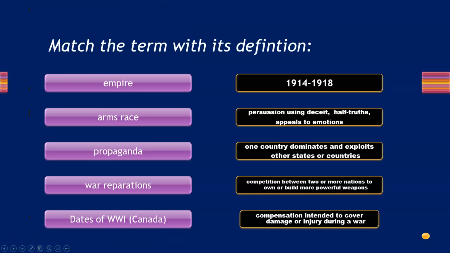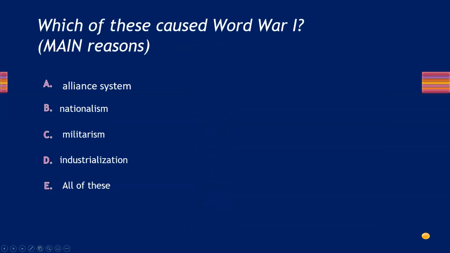So match the term with its definition. Empire. Here we go. Arms race. Propaganda. War reparations. And the dates of World War I in Canada. Which of these caused World War I? The main reasons.